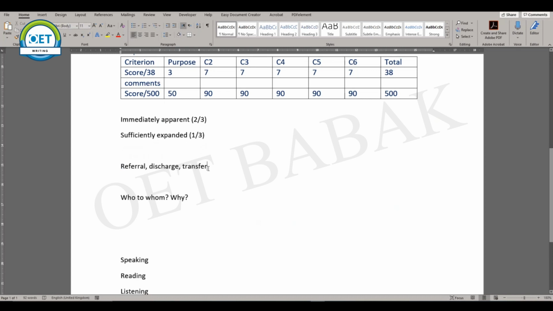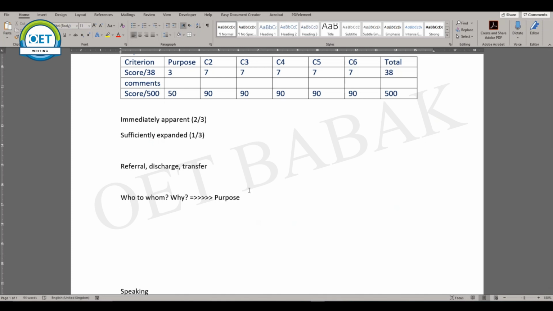Referral could be from GP to hospital, from hospital to hospital, from a doctor to a community nurse, to a physiotherapist, to a nutritionist, different disciplines. But the writer is always a doctor. So who is writing to whom and why? That means the purpose.